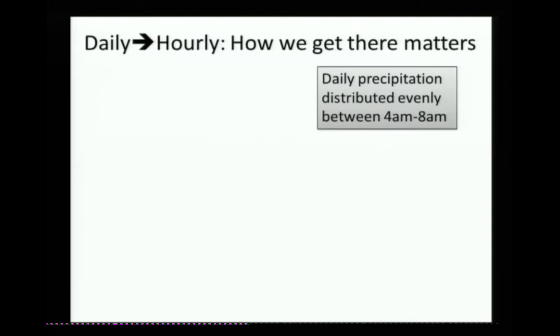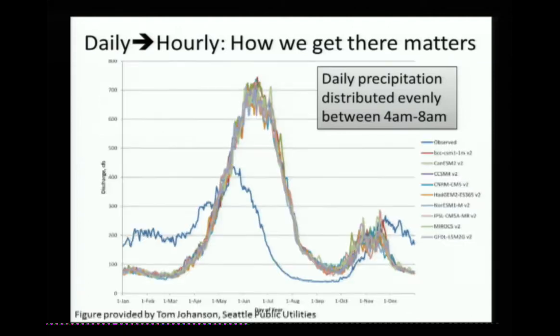What they found out with some preliminary analysis is that this was making the hydrology timing and magnitude pretty off. This is the discrepancy issue that John alluded to.